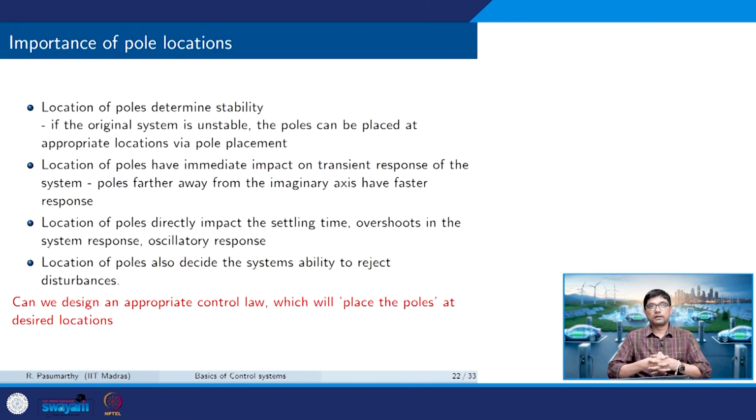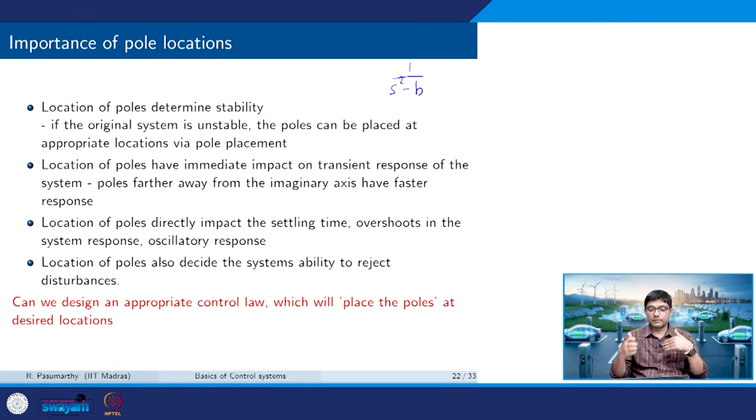We also know that location of poles determines stability. Okay, now if my original poles are unstable, can I do something to make it stable? And we saw with a transfer function of s square minus b, how with the help of a proportional control we could make this system marginally stable and add a derivative component to make it stable, which means I am starting with a system which has unstable poles and I am putting an appropriate control law which makes my system stable, right.